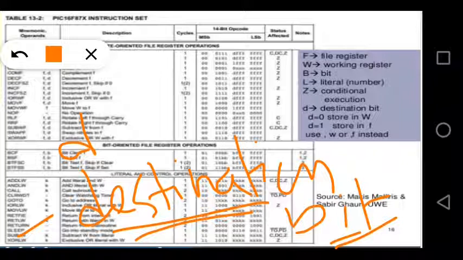The destination bit can take the value 0 or 1. If it is 0, store in working register.